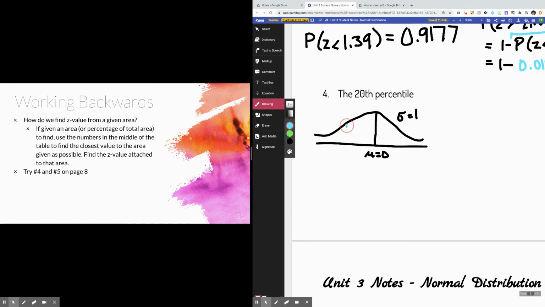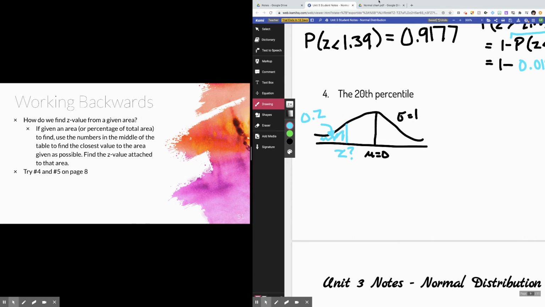The 20th percentile is around here, okay, and what that means is this area here that's shaded in blue is 0.2 or 20%, and I want to know the z value associated with the 20th percentile.